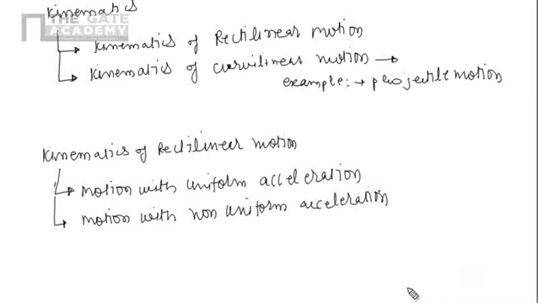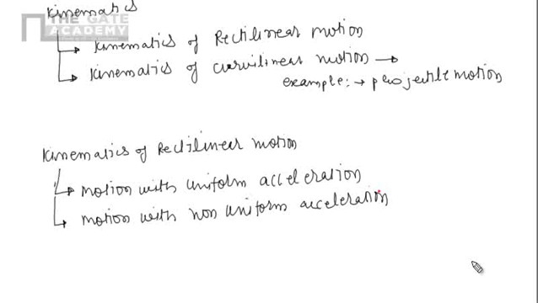So we are having two things: motion with uniform acceleration. With uniform acceleration means acceleration will not change with respect to the time. But in case of non-uniform acceleration, the acceleration will change with respect to the time.